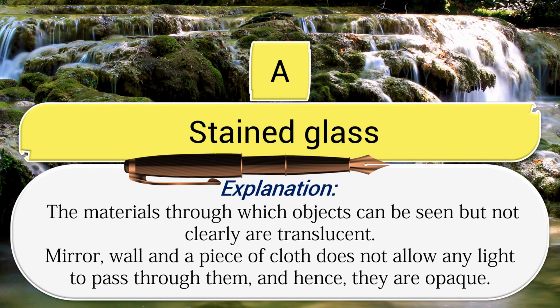The answer is stained glass. Materials through which objects can be seen are not clearly translucent. Millers, walls, and a piece of cloth do not allow any light to pass through them, and hence they are opaque.